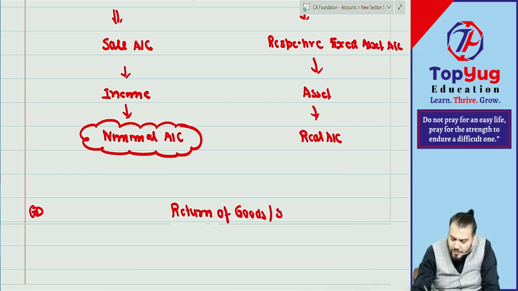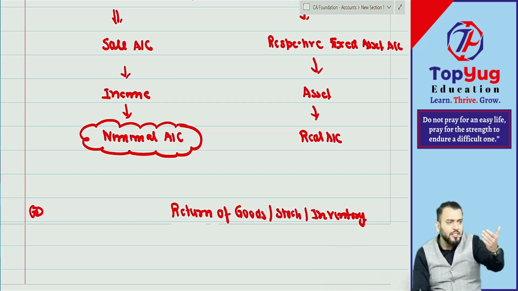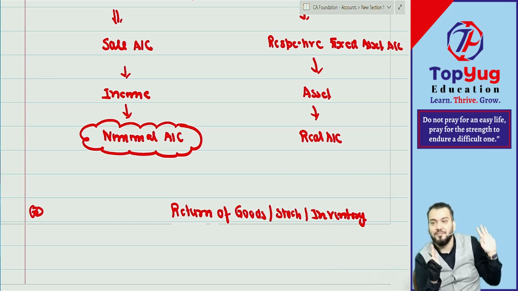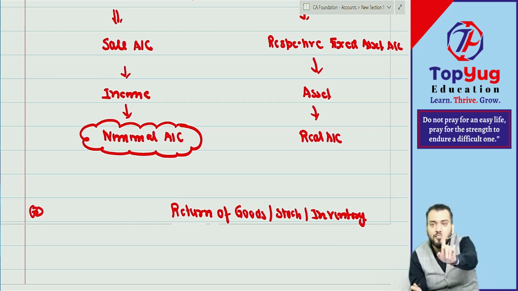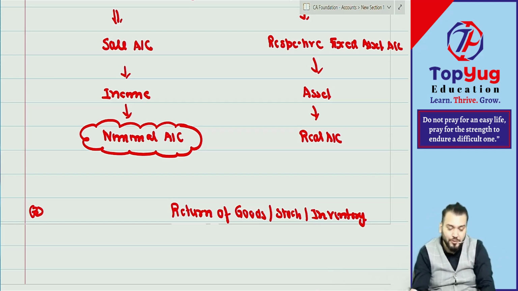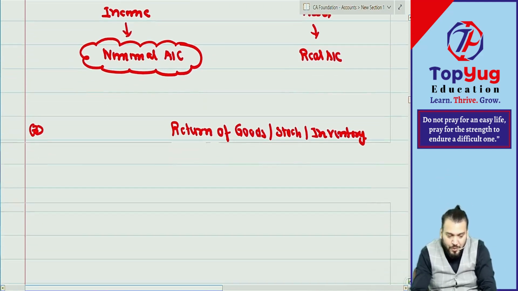Goods are also known as stock or inventory. So I purchased some goods, I found them defective, now I am returning them. This is not a sale. Suppose I purchased from you, I found it defective, so I can return it. This is not a sale now. This is return of goods. I hope you understood what I want to say.